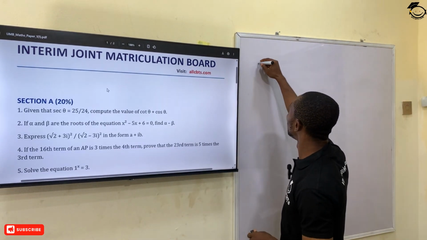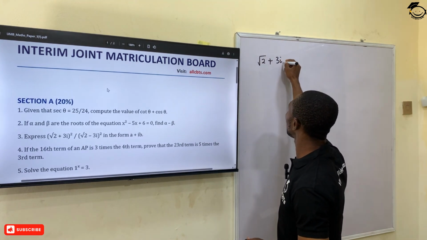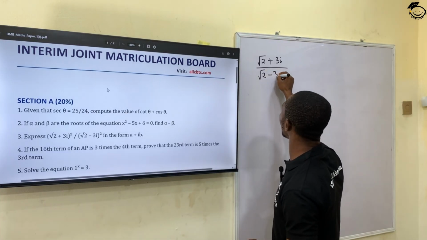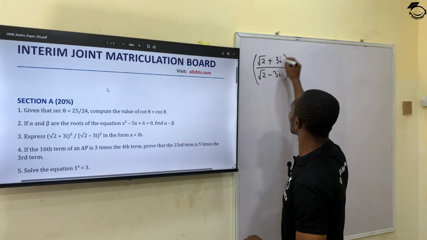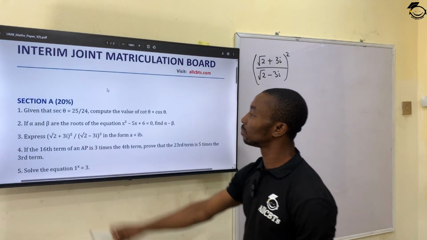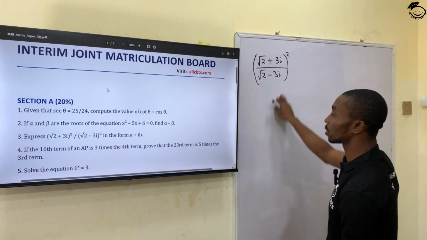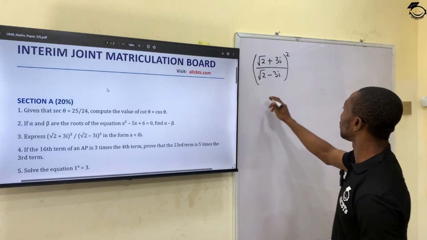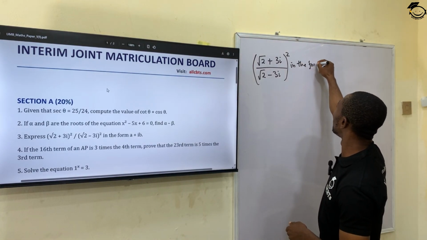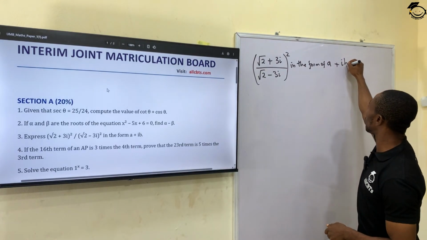Express root 2 plus 3i all over root 2 minus 3i all squared. Sorry, this is an error from the typist, so please, this is our original question. So now in the form of a plus ib.